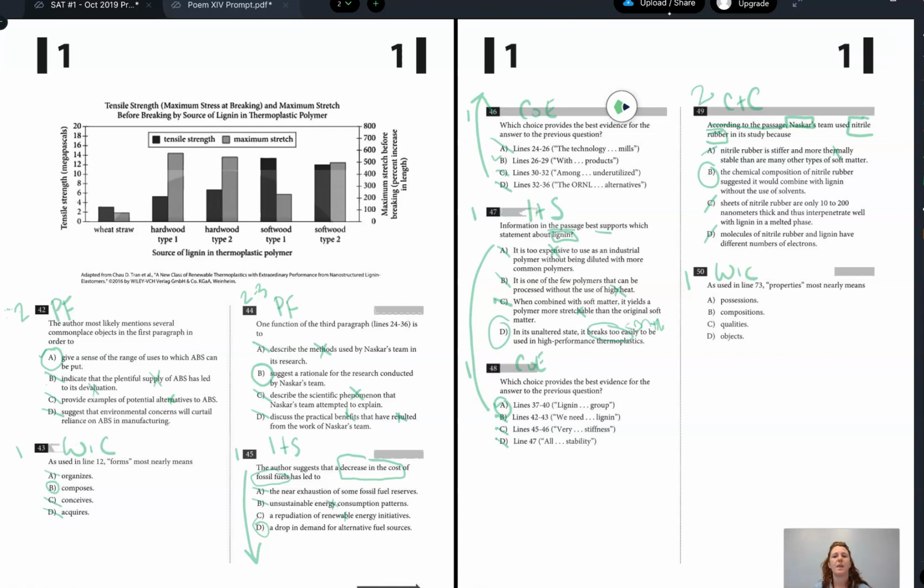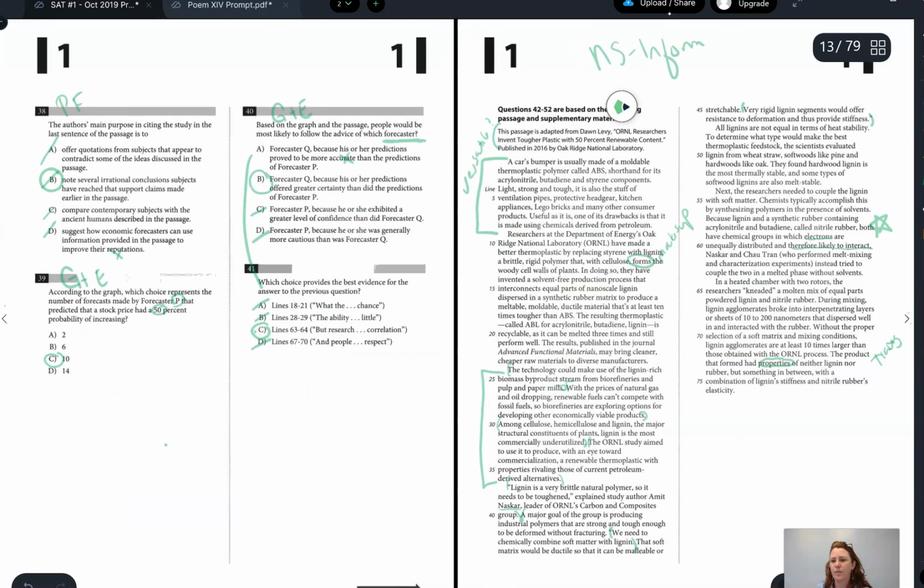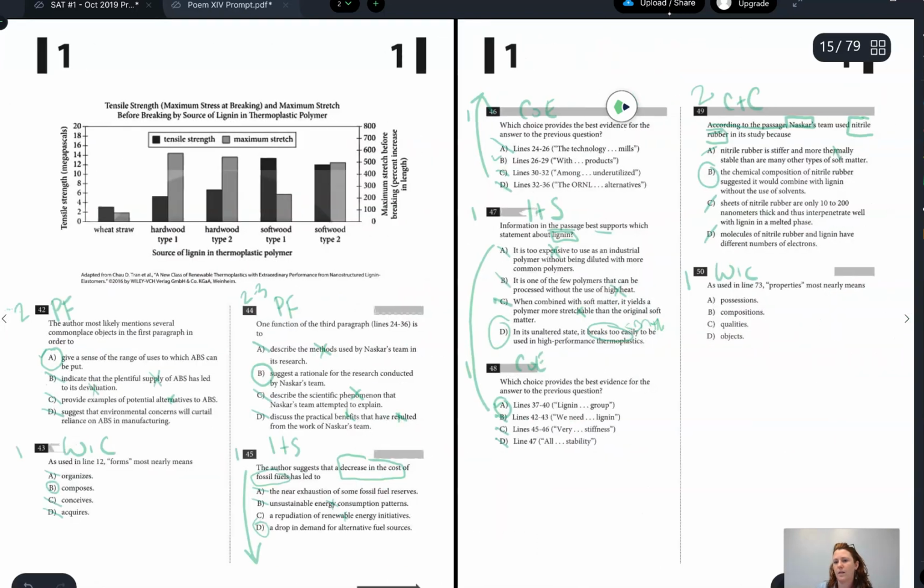It was B. Number 50, the word properties. We came up with traits or characteristics. The product that formed had characteristics of neither lignin nor rubber, but something in between. Okay, so it's not possessions. They don't have purses that match.